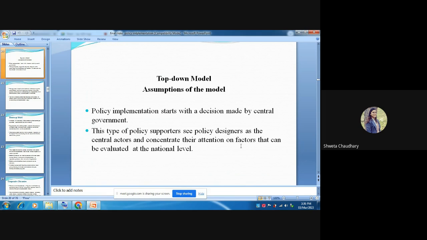This is how the government evaluates, seeing the problems of the people of the community or the economy. They identify the problem, then find the solution, and then create a policy for it. This is what the government does at central level.